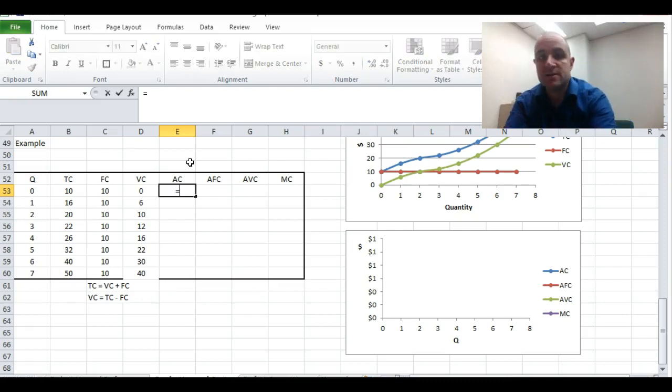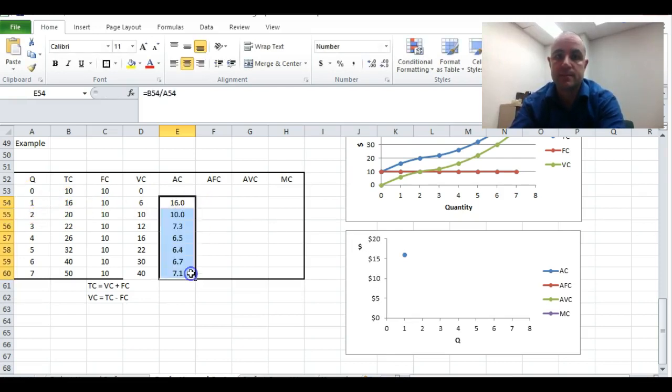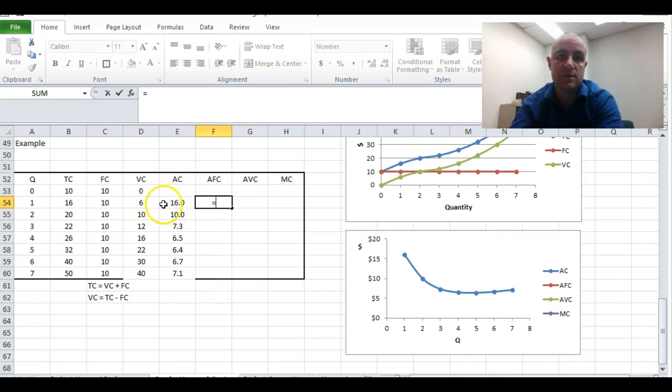Your average total cost is going to equal your total cost divided by the quantity. Your average fixed cost is going to equal your total fixed cost divided by the quantity.